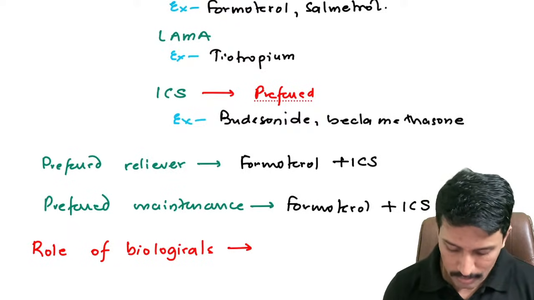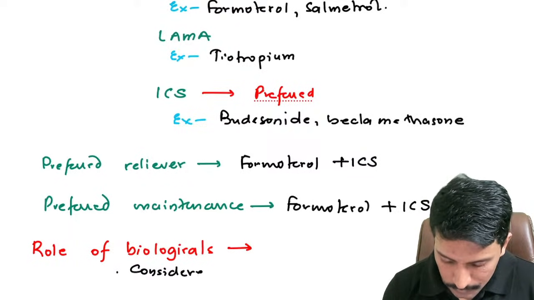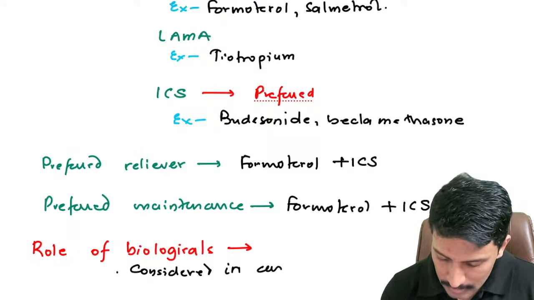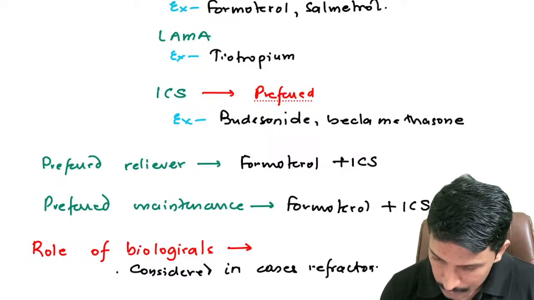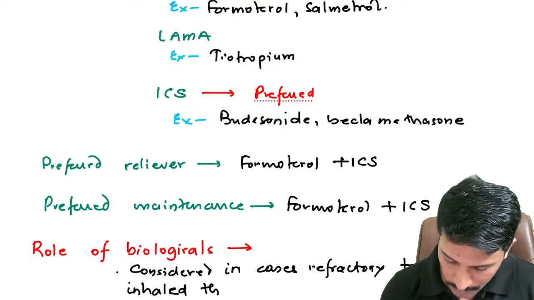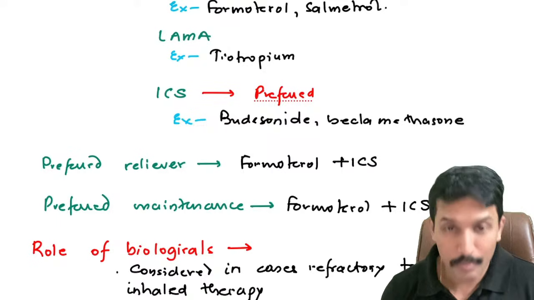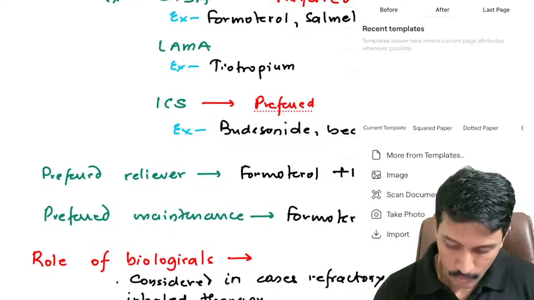What I want you to mention is they're considered in cases refractory to inhaled therapy. So when we use inhalers and patients fail to respond, in those cases we consider biologicals.